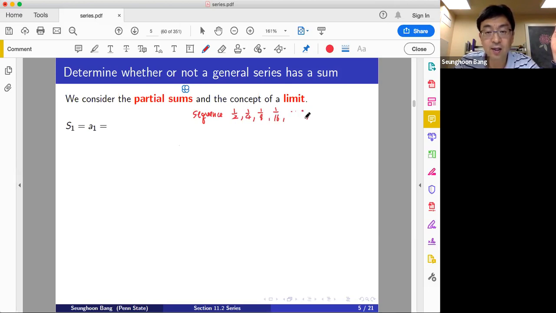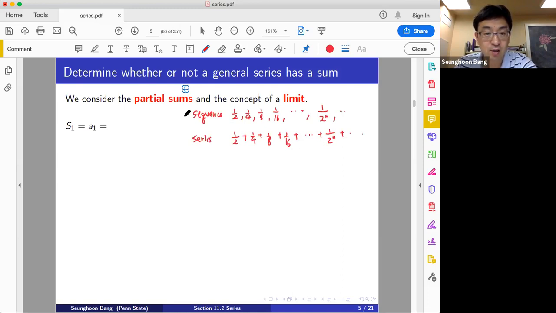The a_n is 1 over 2 to the n. Only a list of numbers. What is a series? The series is a summation. Only summation. That is the difference between a sequence and a series.